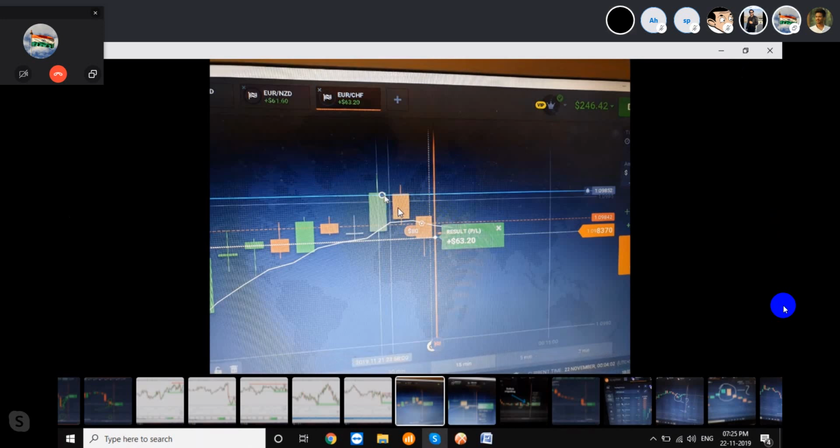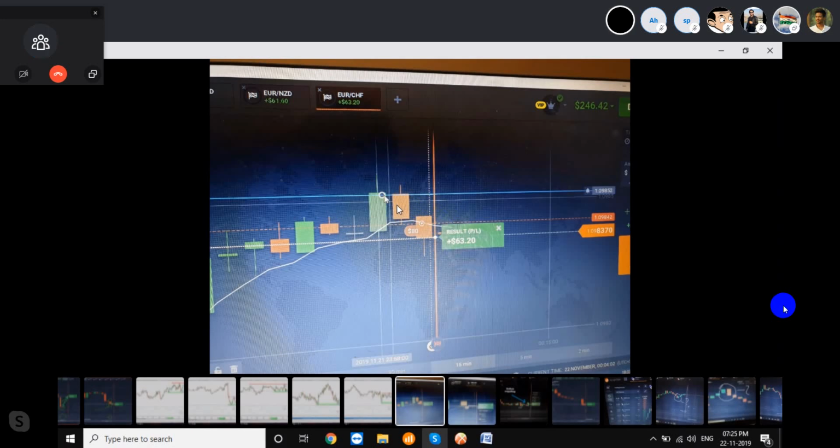It forms at the support level, but this candle is forming at the resistance level. And in a piercing pattern, the first candle must be a bearish candle and the next candle must be a bullish candle, right? So it is exactly opposite. Is it a piercing? Can we consider it as a piercing? No. Okay.